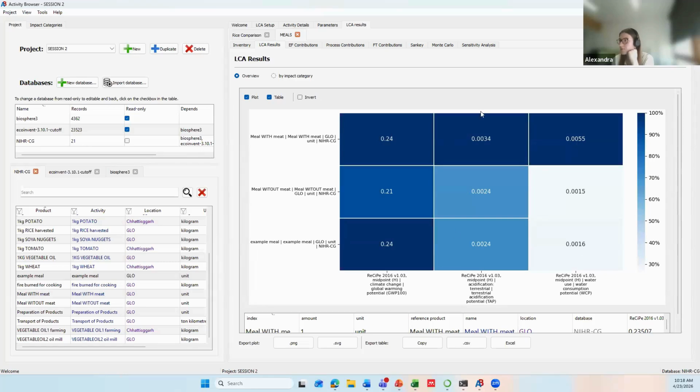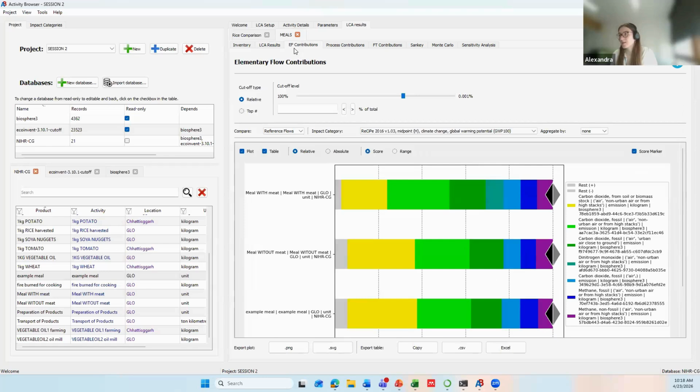So these are just the net results, which is the final results. Now we want to see what specific products are driving up the environmental impact. There are several ways to look at it. This is elementary flow contributions. This is just the type of emission. As you can see, the different types of carbon dioxide from soil or biomass, from fossil.